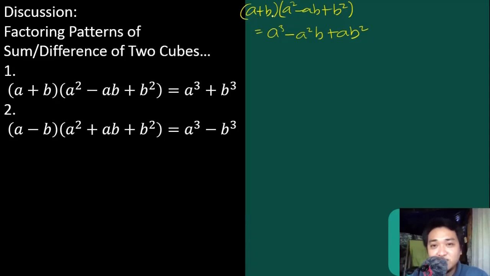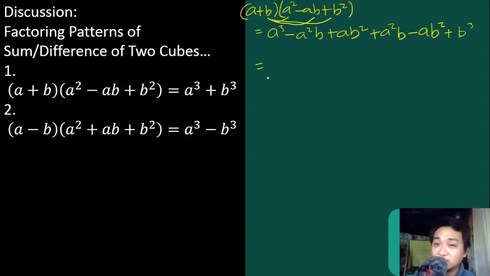Yung next term, B times A squared will be positive A squared B. B times negative AB is negative AB squared, and B times positive B squared, that will be positive B cubed. Ina-add lang natin yung mga exponent nila pag pareho yung base.